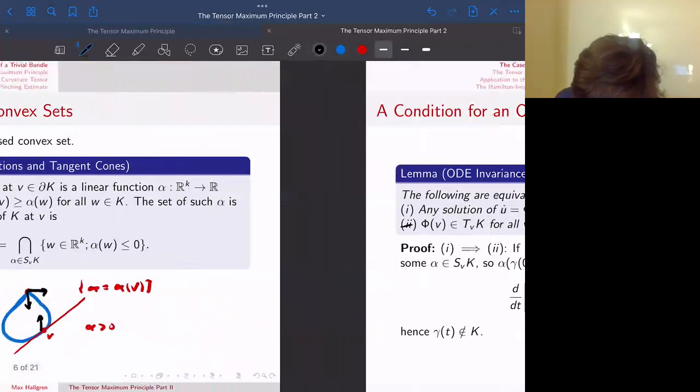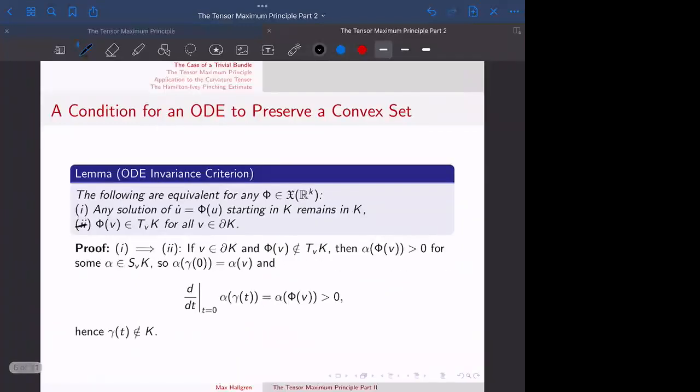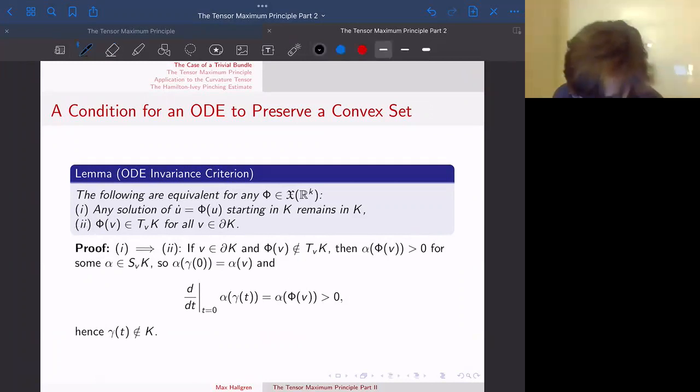Sure. Okay. All right. So let's see a proof of this. We're going to use this in the proof of the tensor maximum principle. So 1 implies 2 is not too difficult.